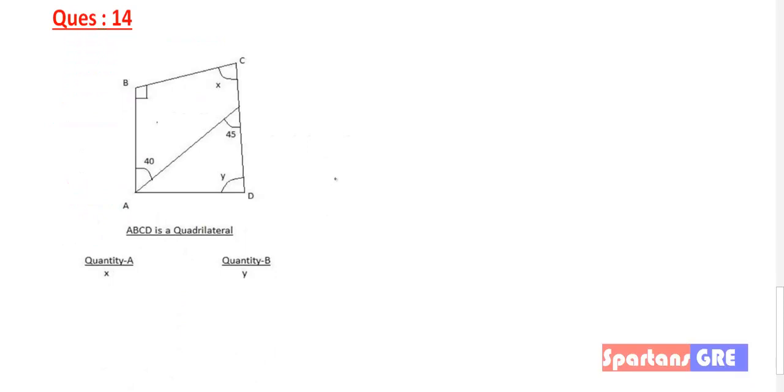Right, this question, see here, this is 90 degrees. They have given clearly this is 90 degrees. 45, x, 45, y. Now if you take this triangle, this angle is the exterior angle, right? This angle will be the exterior angle.